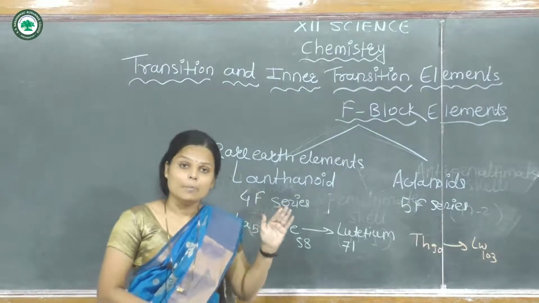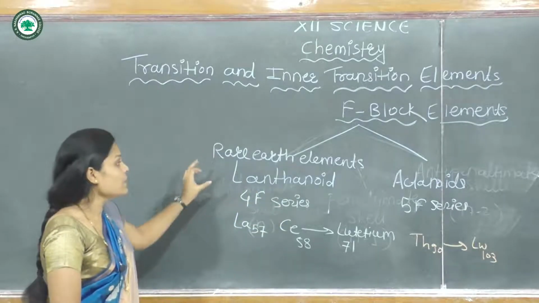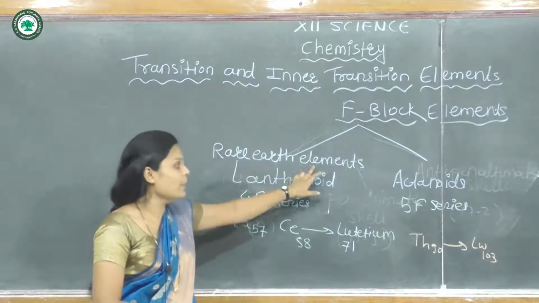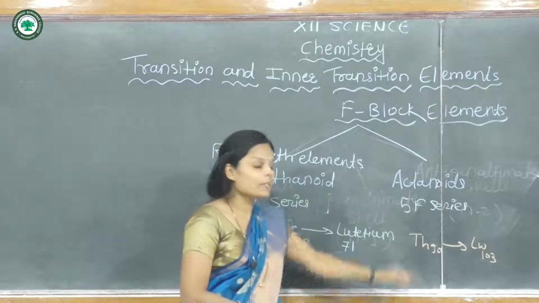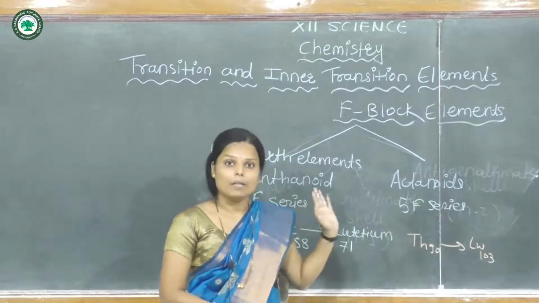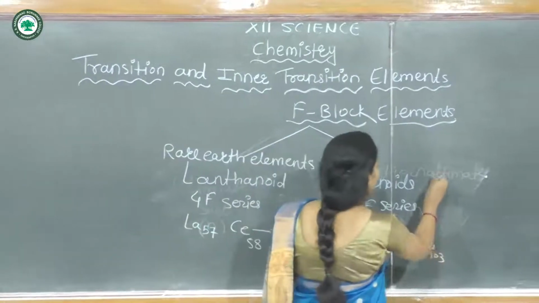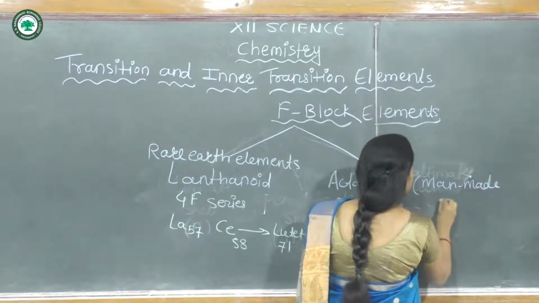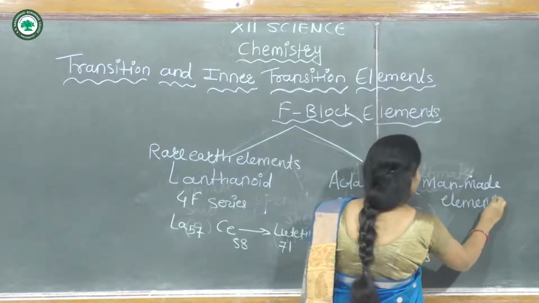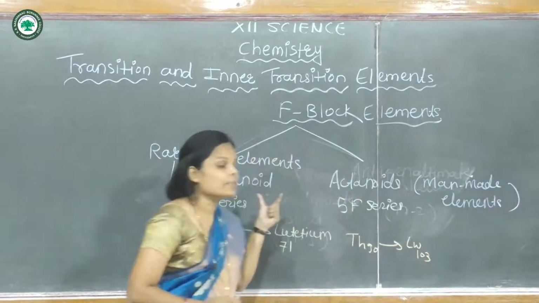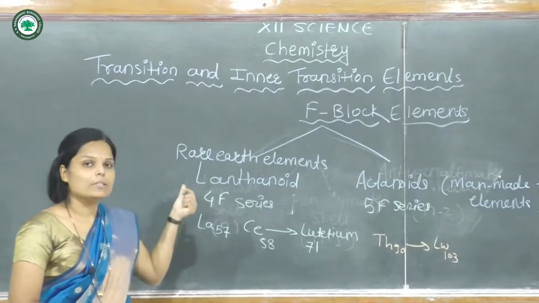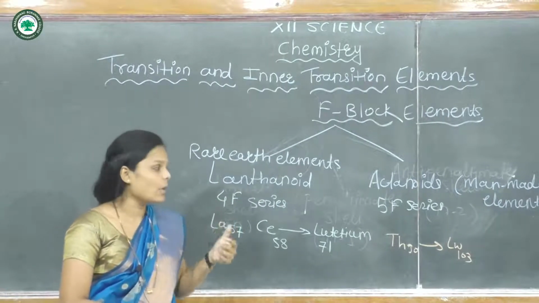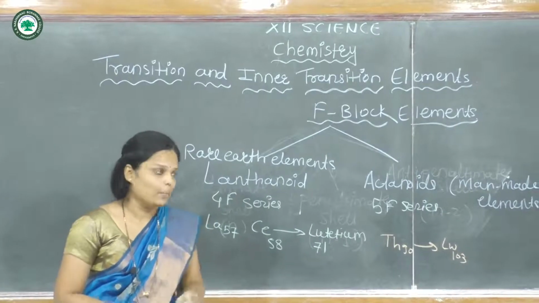Actinides are man-made elements. These two things are very important: lanthanides are rare earth elements, and actinides are man-made elements.